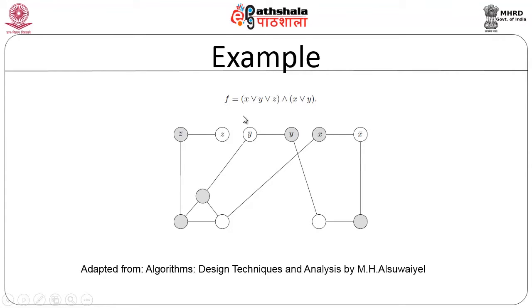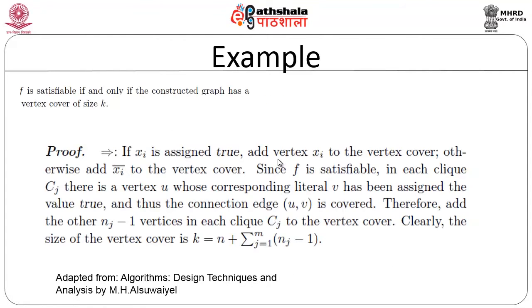Then we create cliques. This contains a clique of size 3, this contains a clique of size 2, and then we connect everything by means of edges. This is called the connecting edge, and we can say that this is covered by a vertex cover k.